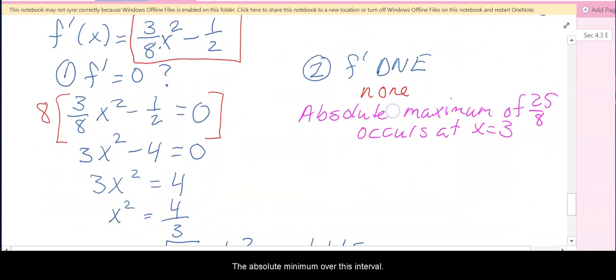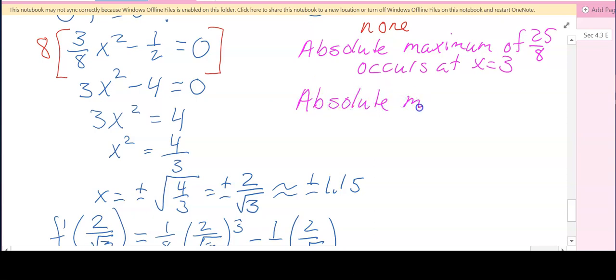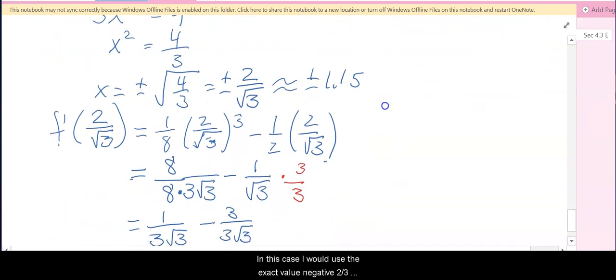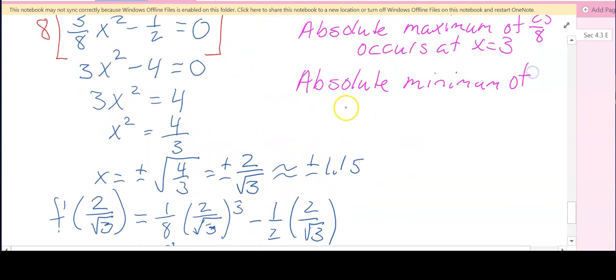The absolute minimum over this interval is occurring at the critical point we found from the derivative equal to 0. So our absolute minimum, in this case, I would use the exact value, -2 divided by 3 square roots of 3, and this occurs at the x value 2 divided by the square root of 3.